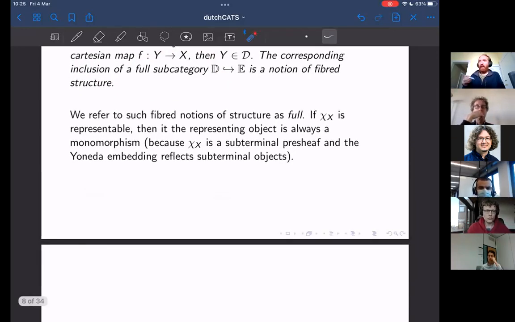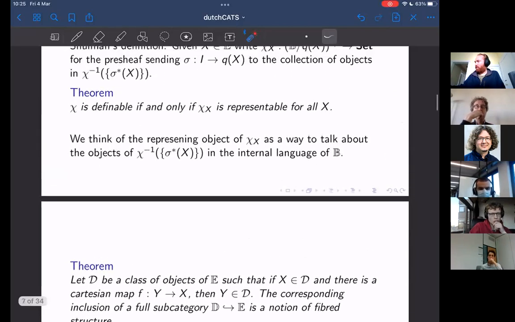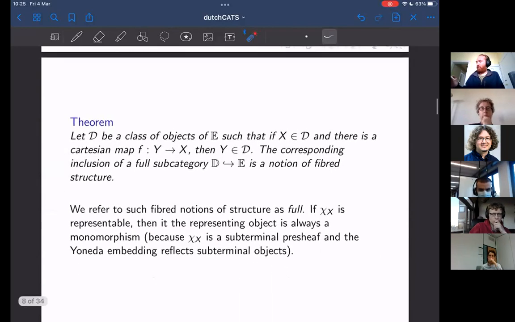In this case, we phrase definability in terms of representability of these pre-sheaves. So for the full notions of structure, this pre-sheaf is subterminal, and the Yoneda embedding reflects subterminal objects.